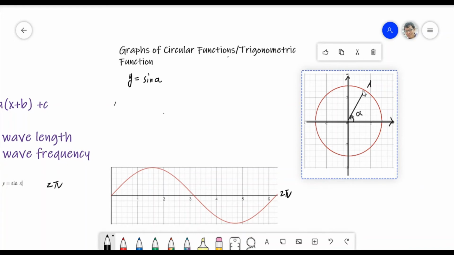If they come back to the same angle alpha again, is there any difference in x divided by hypotenuse? No, right? Even if they swirl one more circle and land on the same point A, it's the same. That's why 2 pi is just one cycle. So if they increase by 2 pi or 4 pi or whatever, it will not affect their sine and cosine.